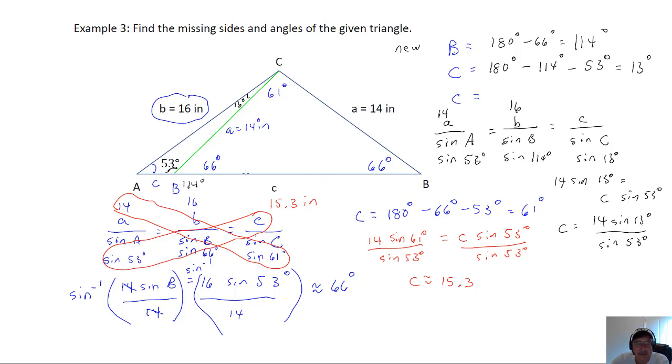And notice side C is going to shrink tremendously here in this set of solutions because in the original triangle it was 15.3 inches. Let's see what we get here. So I got the second C is about 3.9 here. So that is how it works for the worst case scenario.